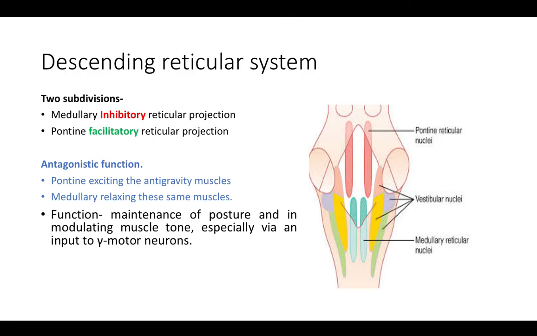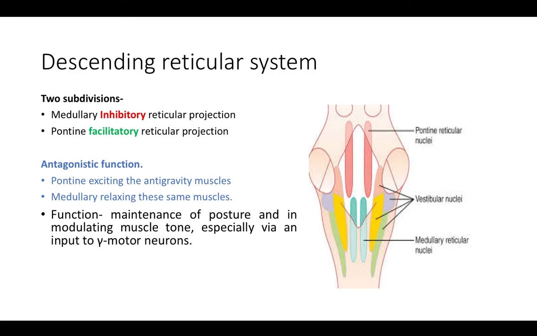So coming to the descending reticular system. You can group the fibers into two subdivisions. The ones which come out from the medulla are called the medullary reticular projection, and the other group of fibers coming out of the pons, the pontine reticular projection.